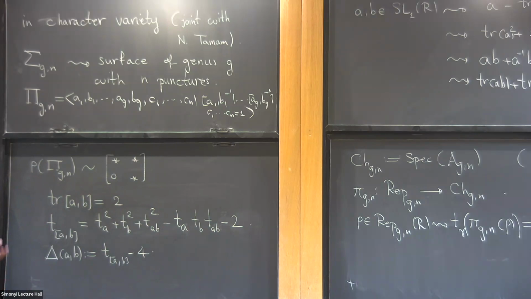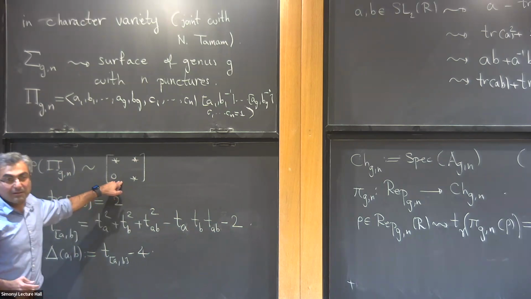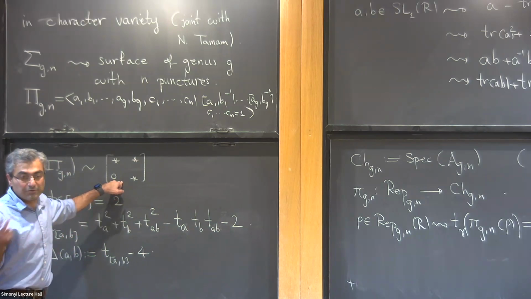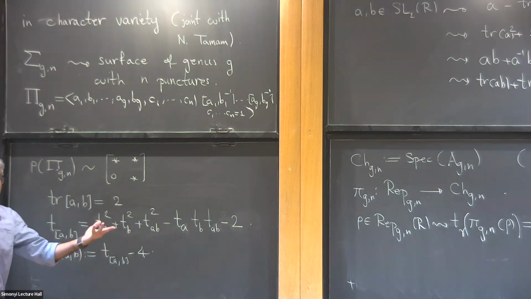Okay, so now what I'm saying is that if my representation is not absolutely irreducible, then all of these discriminants should vanish as I plug them in. So if I do want to get absolutely irreducible, I have to avoid the divisors that I get out of this ideal.